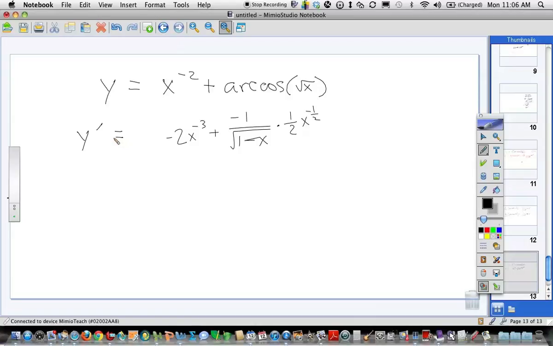Now, I changed this problem. It originally had that function, the cube root. Originally, it was a cube root of all that. Well, what would you have done?